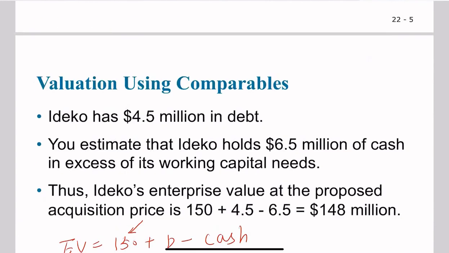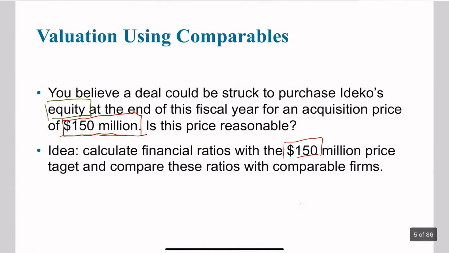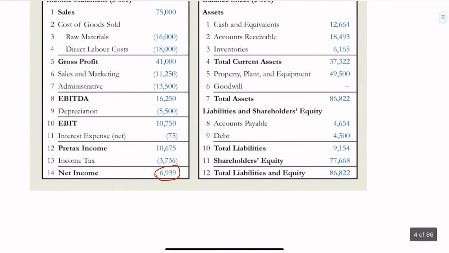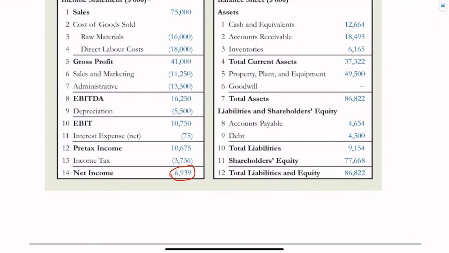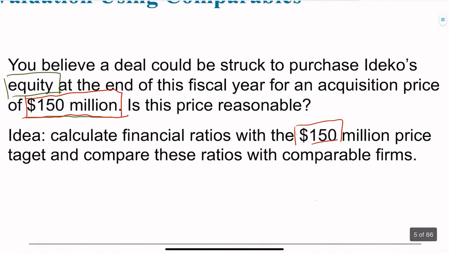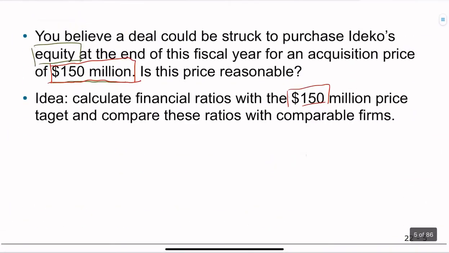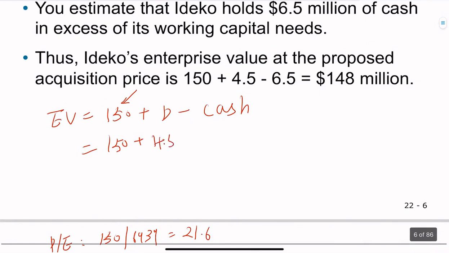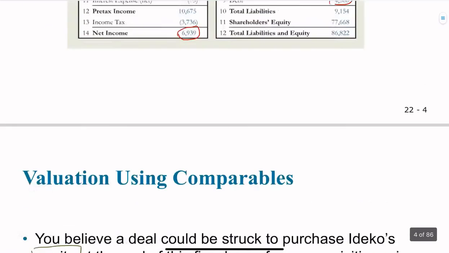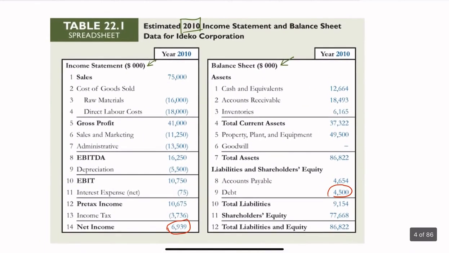So let's look at the firm's balance sheet and see what the firm's debt is. You can see that the firm's debt is $4,500,000. So it's $4.5 million. Now, what is the firm's cash? If you look at the balance sheet, you have the cash here, which is $12.6 million.